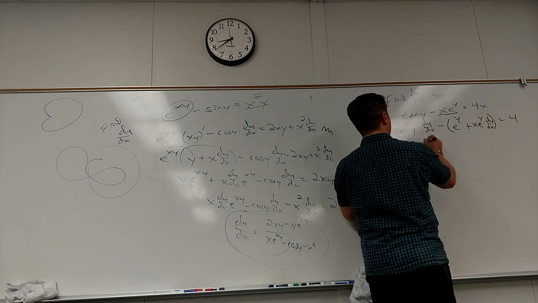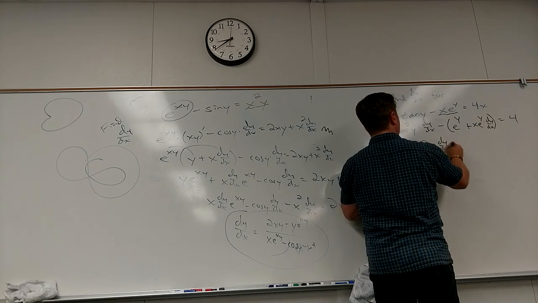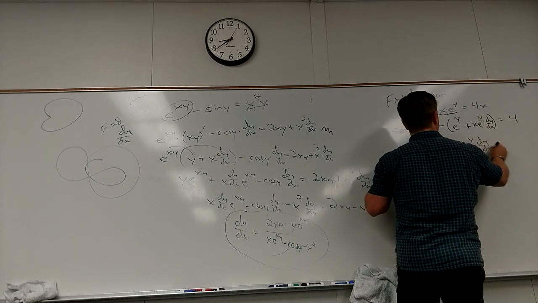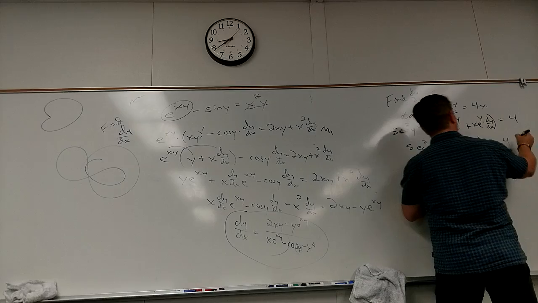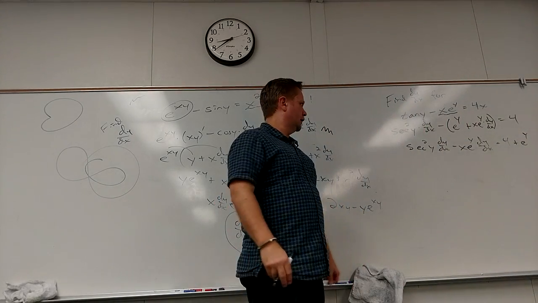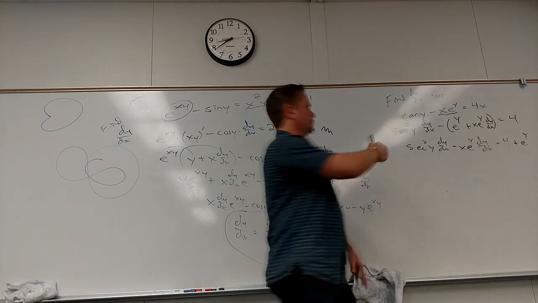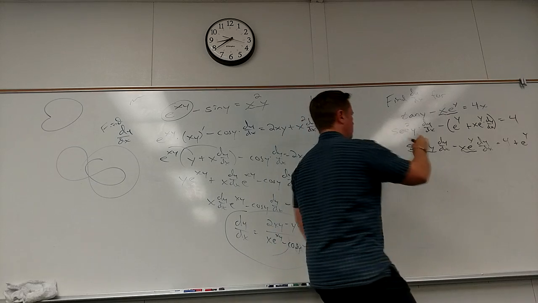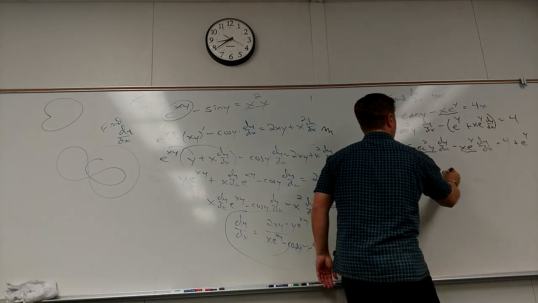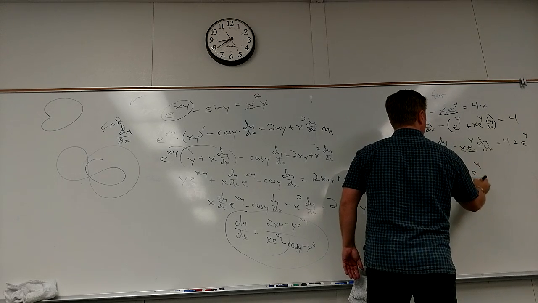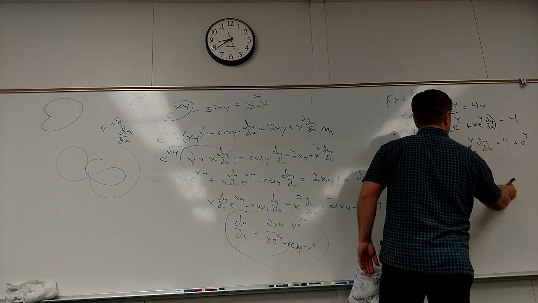I get secant squared y dy dx minus x e to the y dy dx equals 4 plus e to the y. And then you take the dy dx out, so I end up dividing by the stuff that's with it. So I get dy dx equals 4 plus e to the y over secant squared y minus x e to the y.